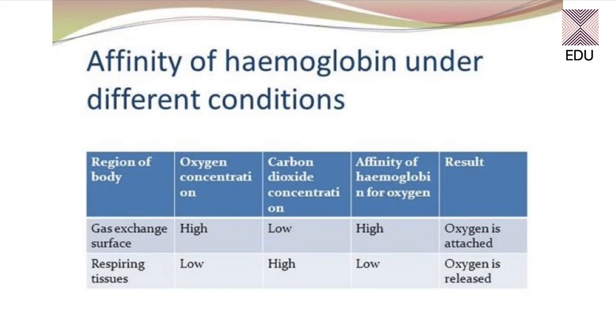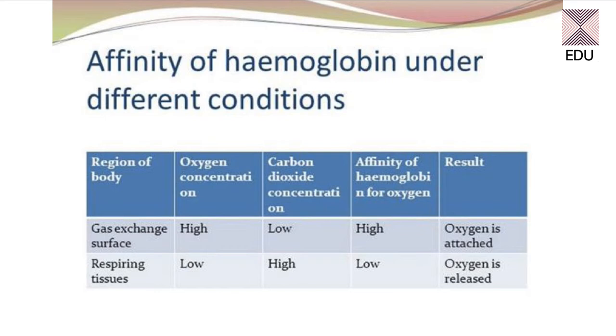This particular table shows you the affinity of the hemoglobin under different conditions. If we go with the first horizontal line, the upper violet line, this is the gas exchange surface, that means the lung level. What is the oxygen concentration at the lung level? It is high.